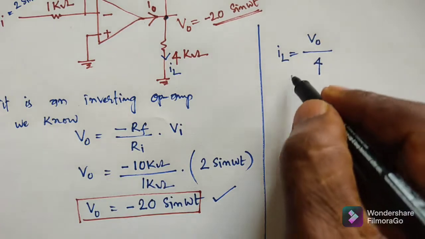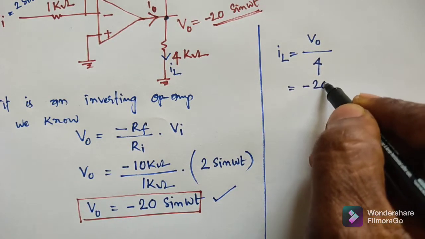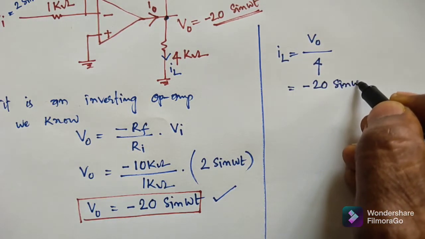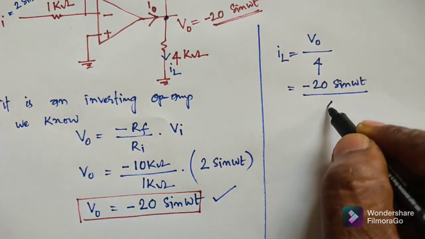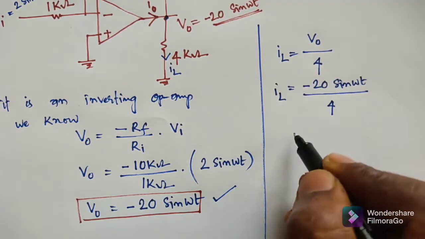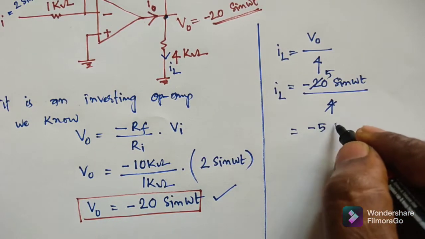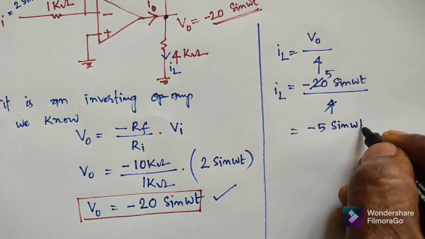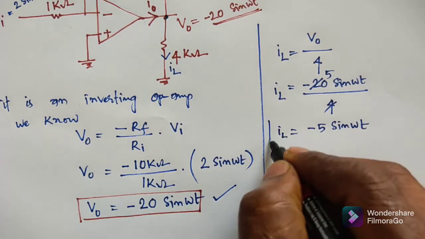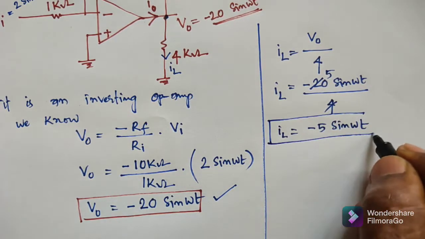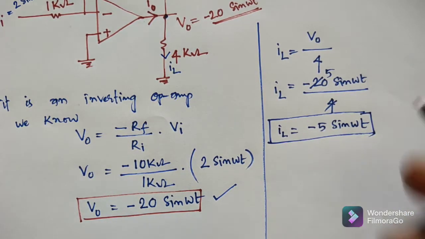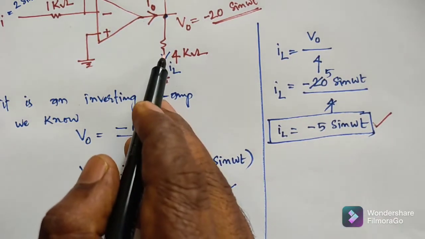Here V0 is minus 20 sine omega t by 4, that is equal to IL. Finally, minus 5 sine omega t is the actual IL value.